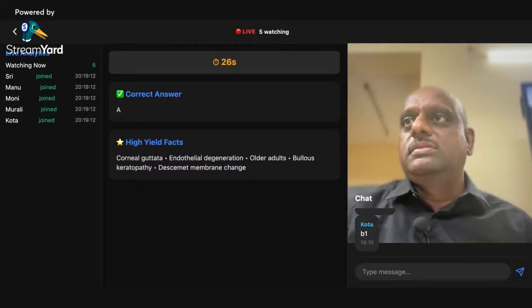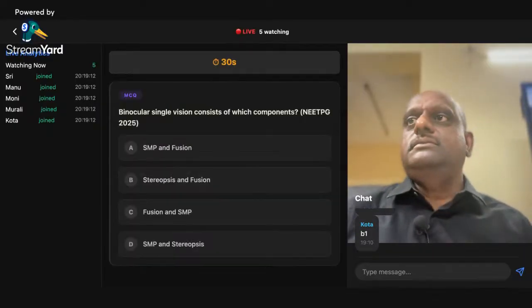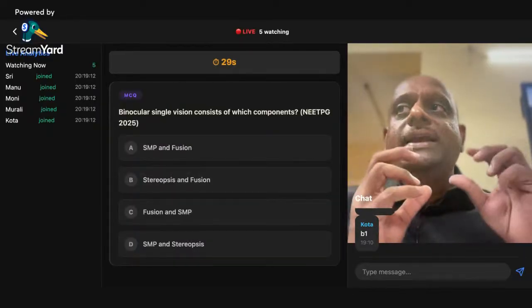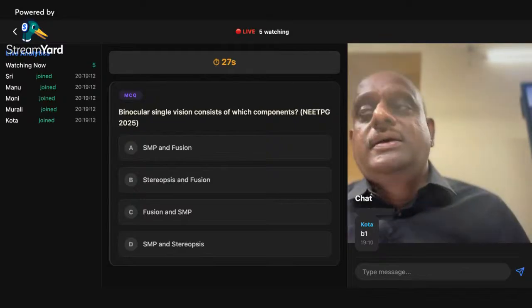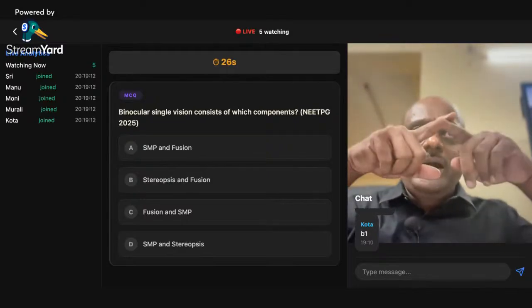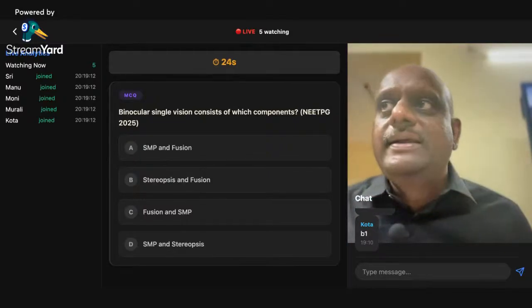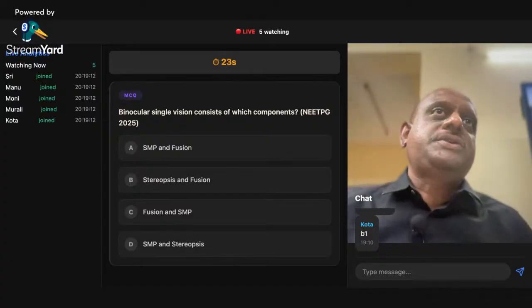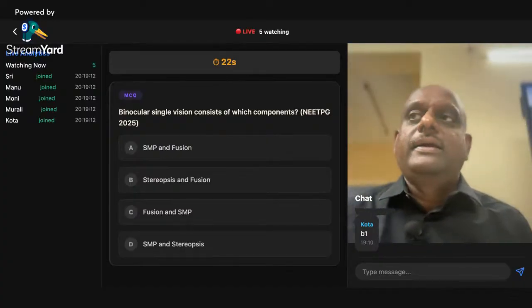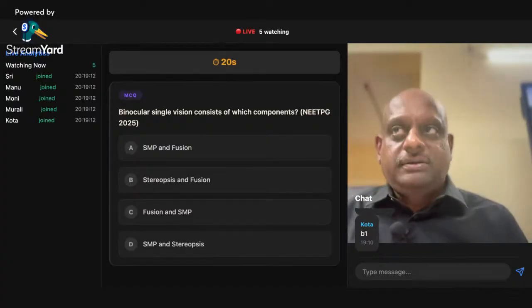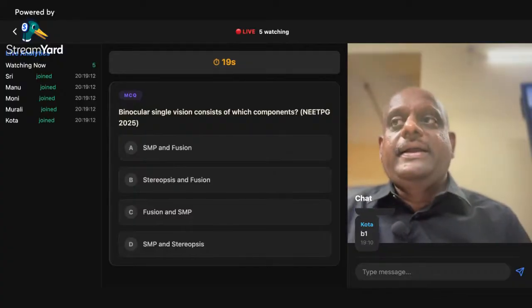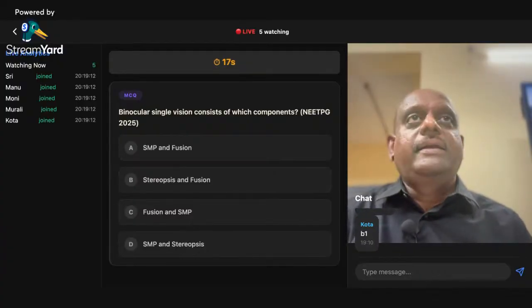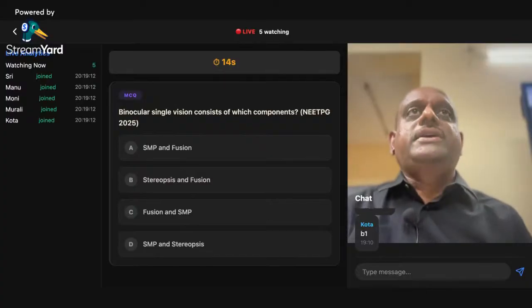Now, next, binocular single vision. Our two eyes are watching, no? Single vision consists of which components? Binocular single vision.